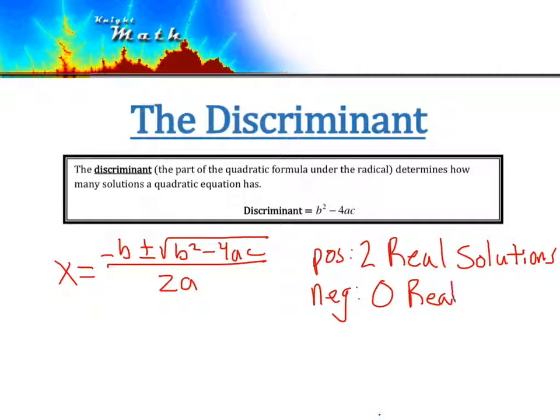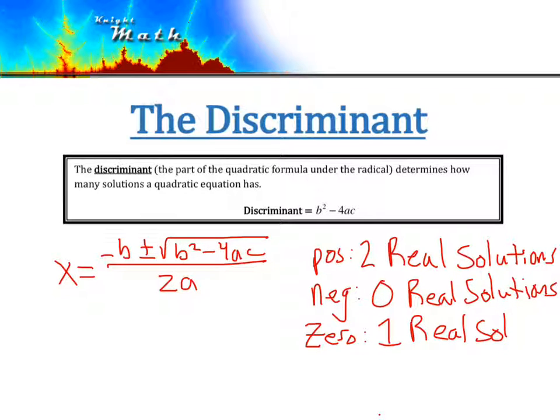They'll be imaginary. And the real solutions, as we just mentioned, are the x-intercepts. If the discriminant comes out to be 0, which is not positive or negative, then we end up with one real solution, and these are the only possibilities for a quadratic equation.